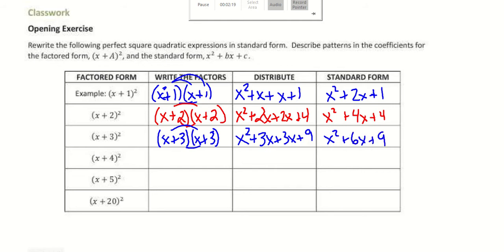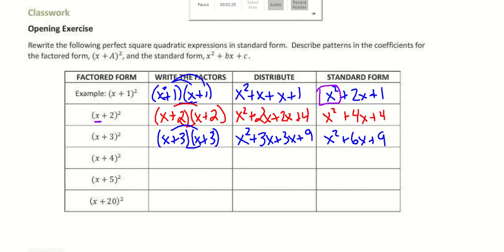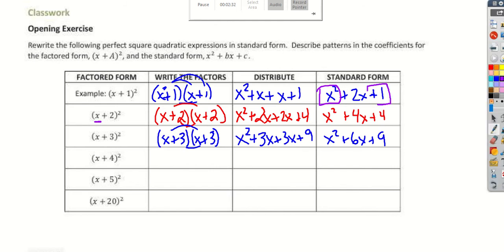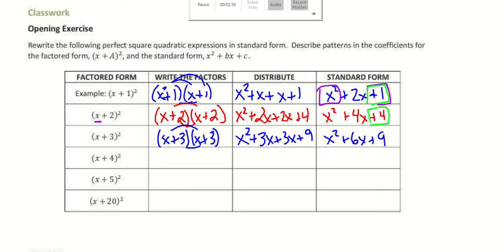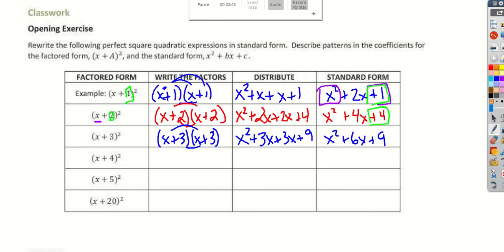And so hopefully you're catching on that the first term is just whatever the first number in here is squared, okay? The last term, the 1 or the 4, is just what the last term in here is squared, okay? So the first term squared goes in the front, the last term squared goes in the back, all right?